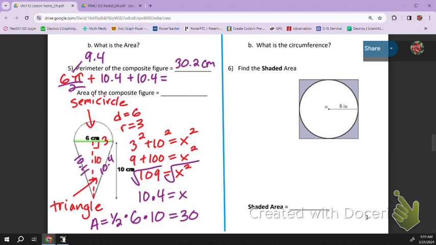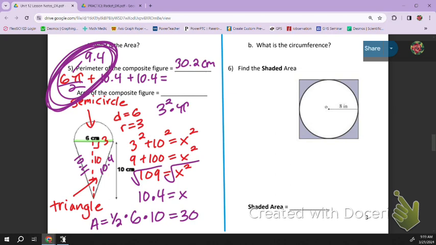How do we find the area of this semicircle? How do we find the area of this half circle? We're going to do 3 squared times pi. But that's a full circle.